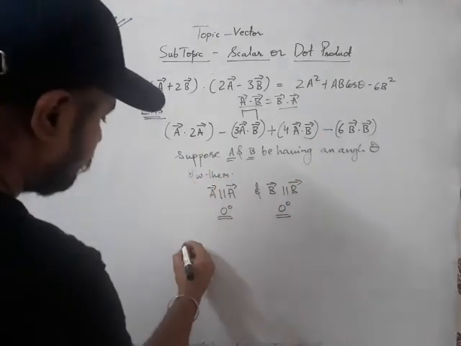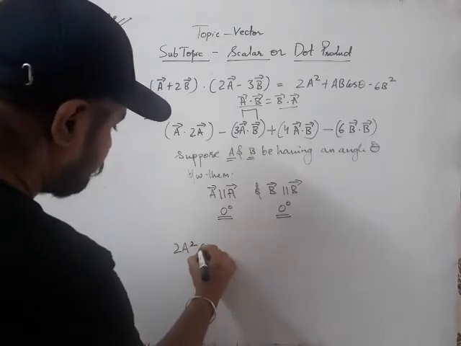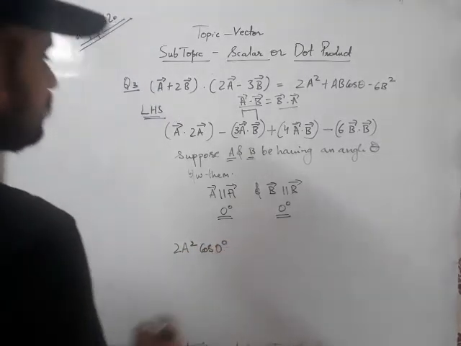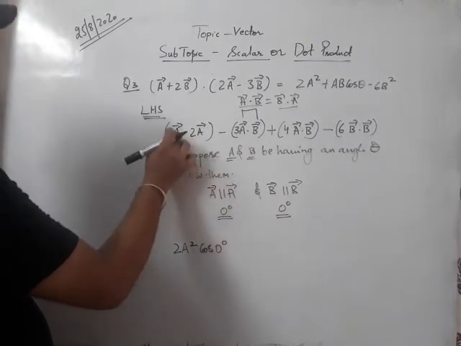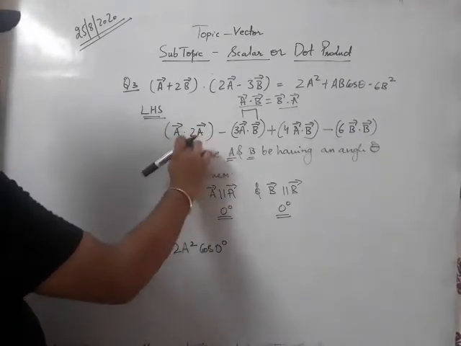Here it will be equal to 2a square cos 0, because A dot A is A's magnitude into second vector's magnitude.